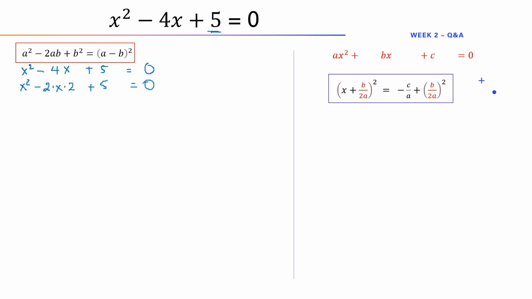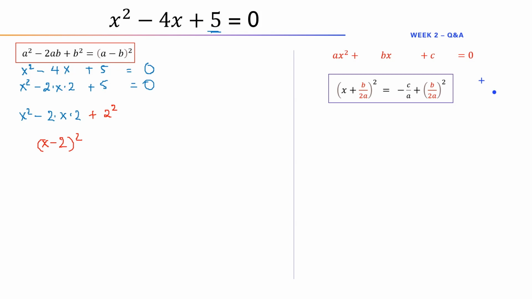Now 5 is not what I want. I want x squared minus 2 times x times 2, and I want 4 because 2 squared, right? I want a 2 squared to make this one become x minus 2 squared. That's what I want.